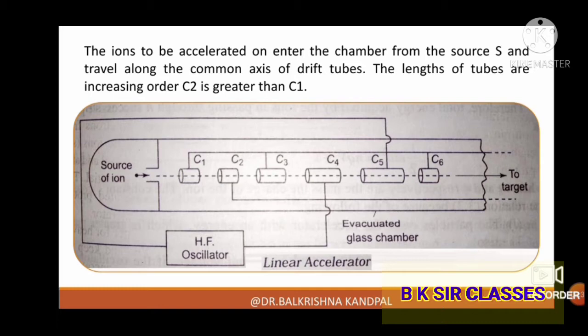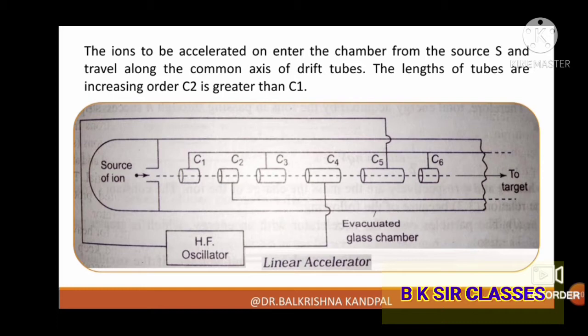In this diagram, we can see one ion source and different drift tubes connected in a series as C1, C2, C3, C4 and so on. These drift tubes are connected in odd and even sequence.